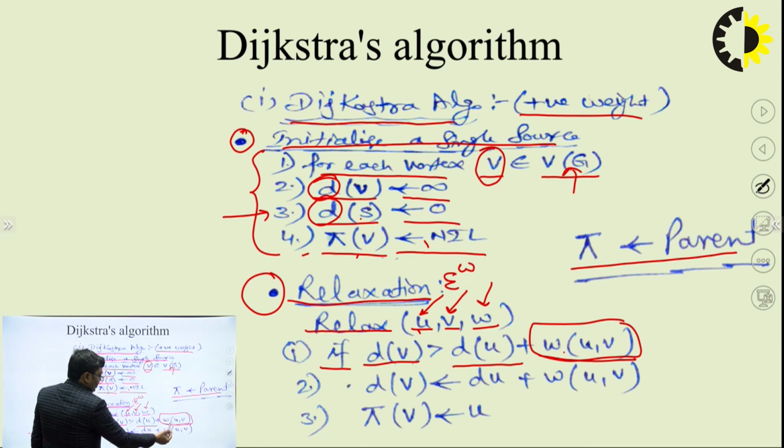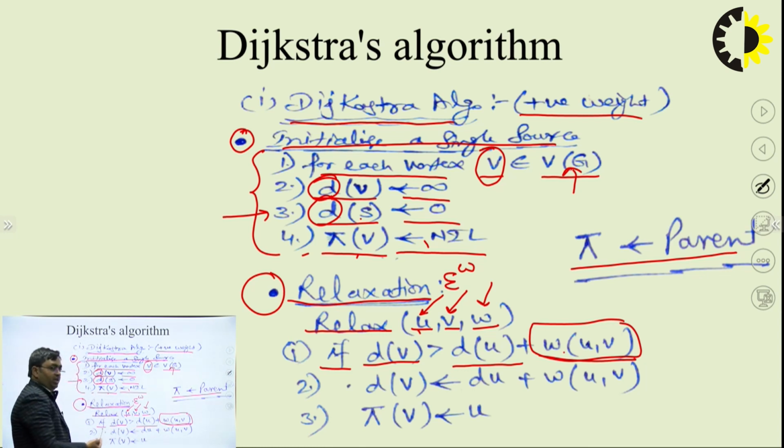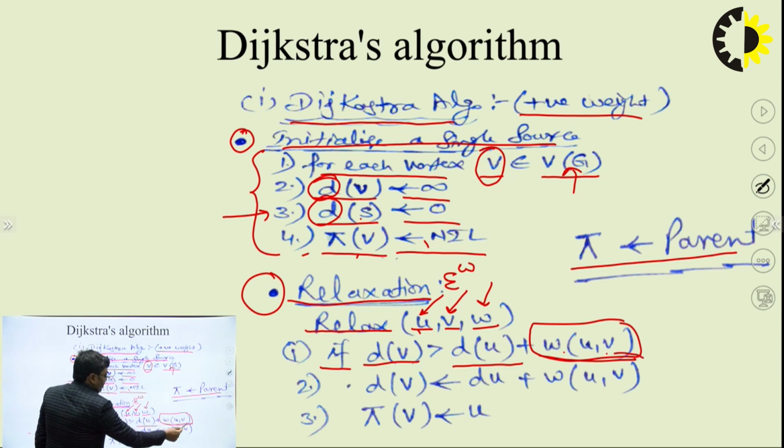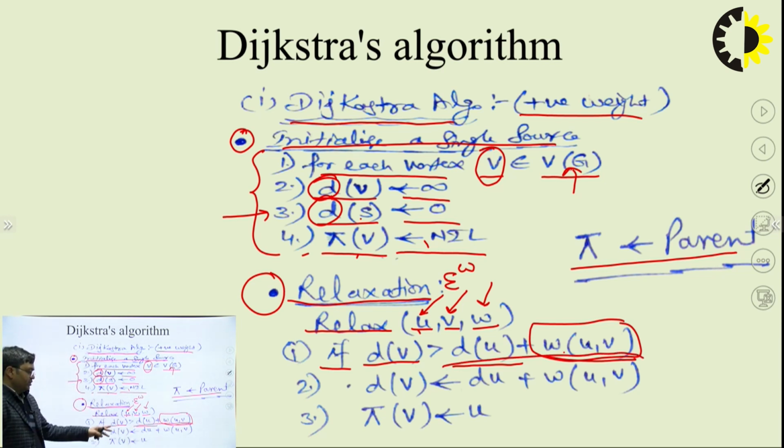That weight is added to d of U, and d of V will be greater than this whole thing. Then we have to check this.